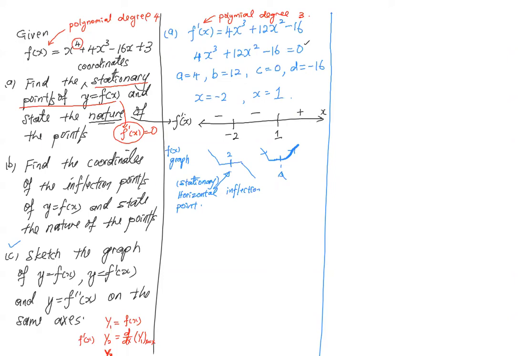This point, x equal to 1. It is the local minimum point. Yes, local minimum. Okay, we know it. So you see, that is how your sign diagram of f'(x) helps you.